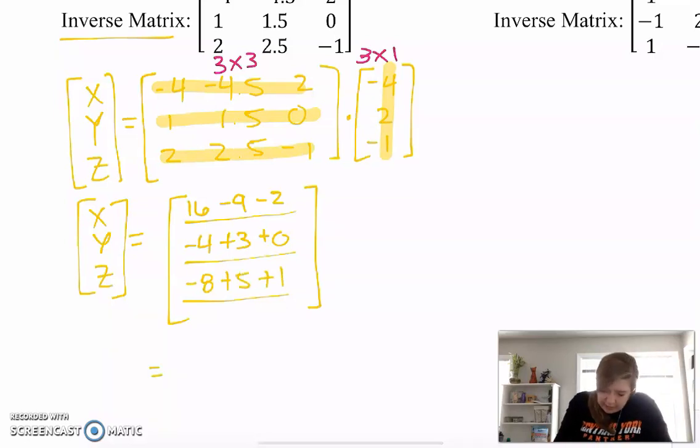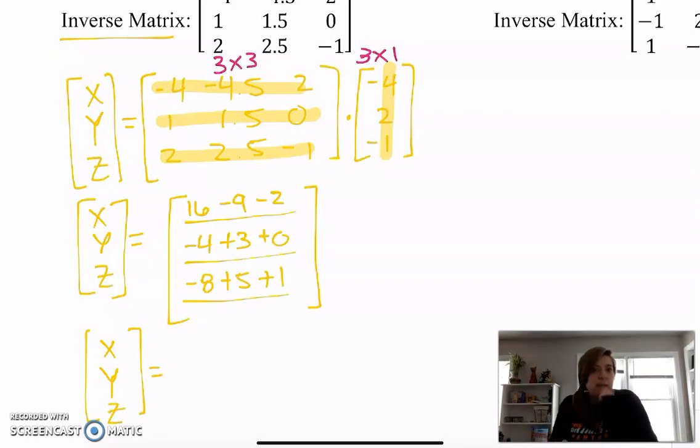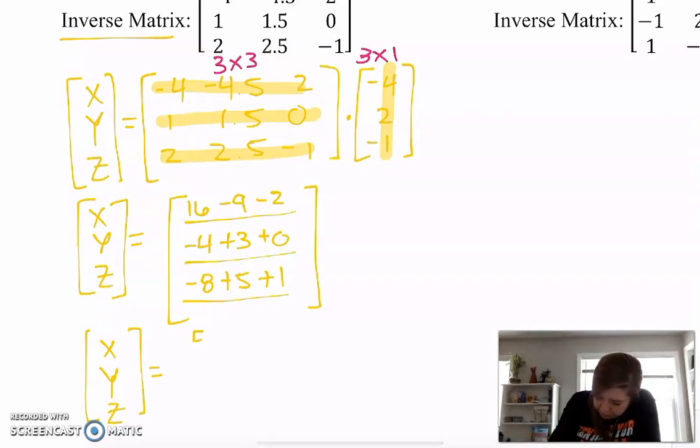So when you get what those values are, that's going to be what your x, y, and z is. So 16 minus 9 minus 2 is 5. Negative 4 plus 3 is negative 1. Negative 8 plus 5 is negative 3 plus 1 is negative 2.